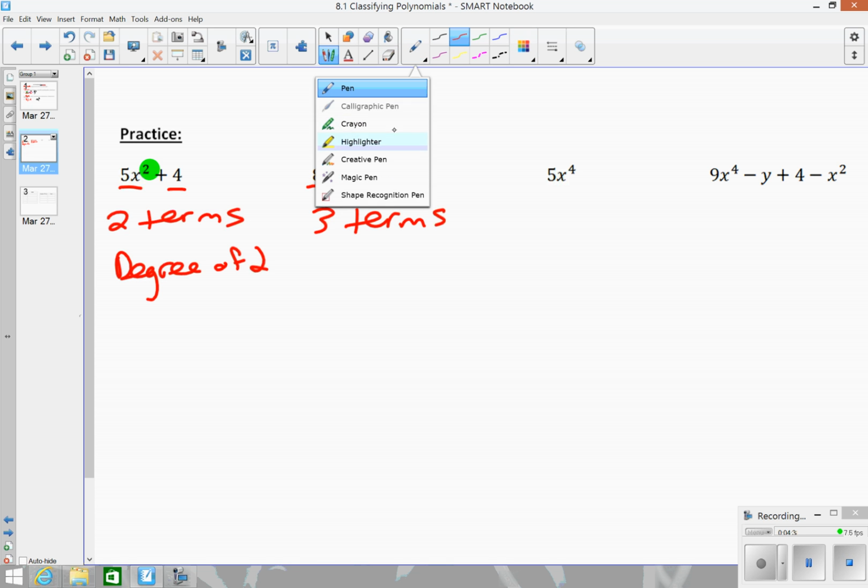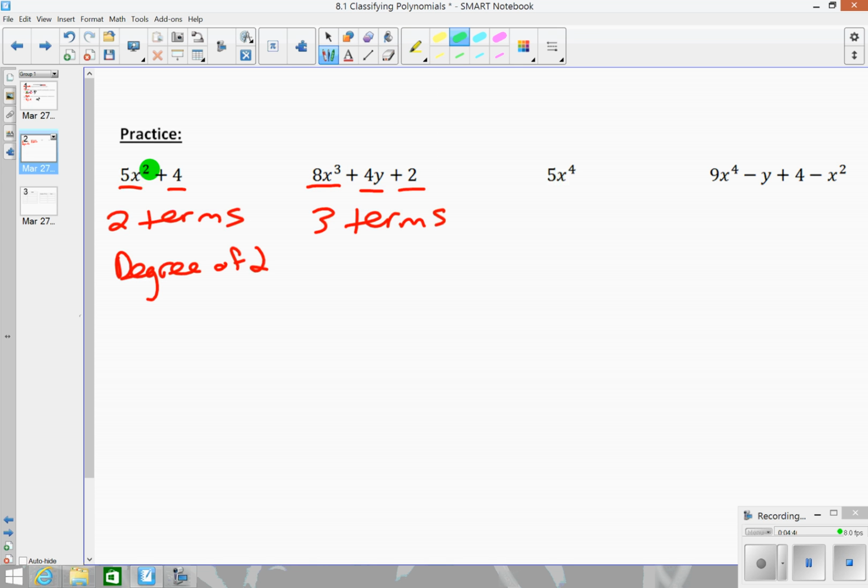So if I had 8x cubed plus 4y plus 2, what was my highest exponent? Well, at x cubed, y to the, that would be first power, and then I have 2, and there's no variable there.